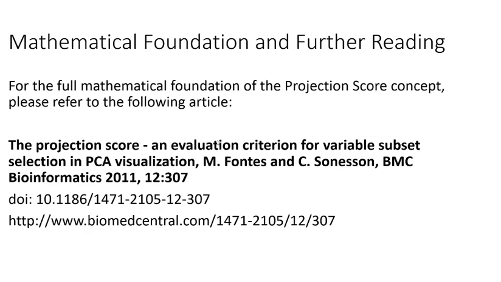It's freely available on the net, and here you have the link to the article. I'll keep it here a minute for reference, but if you would like to look it up later, if you have Qlucore Omics Explorer, you can simply go to the reference manual, search for projection score, and we have a short recap of the projection score and also the link to this article.